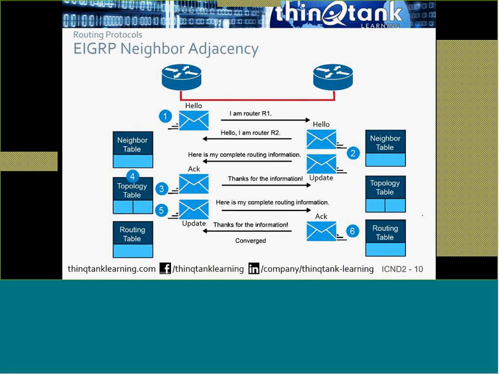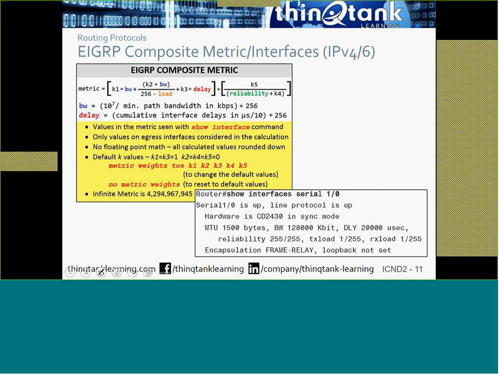All right. The last theoretical piece that we're going to talk about before we actually start to get into configuration is metric. There is that metric that I referenced yesterday. The metric is K1 times the bandwidth. And bandwidth, by the way, is 10 to the power of 7 divided by the minimum path bandwidth in kilobits per second times 256, plus K2 times the bandwidth divided by 256 minus the load, plus K3 times delay.